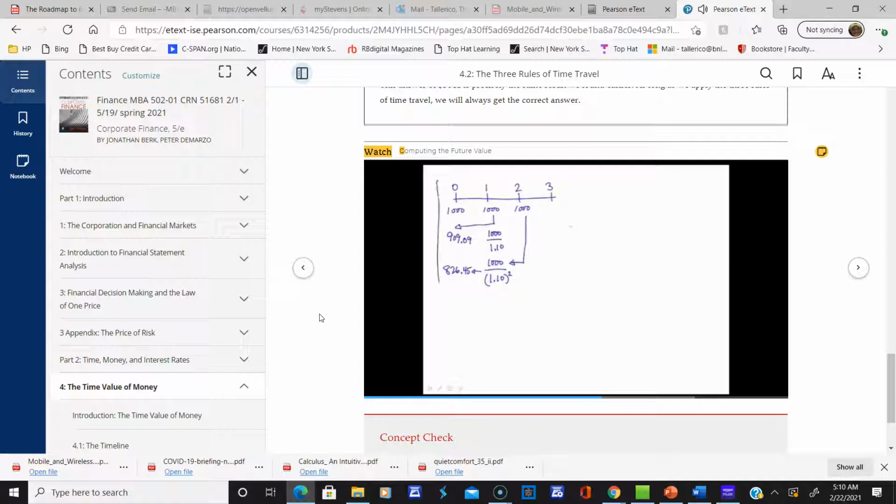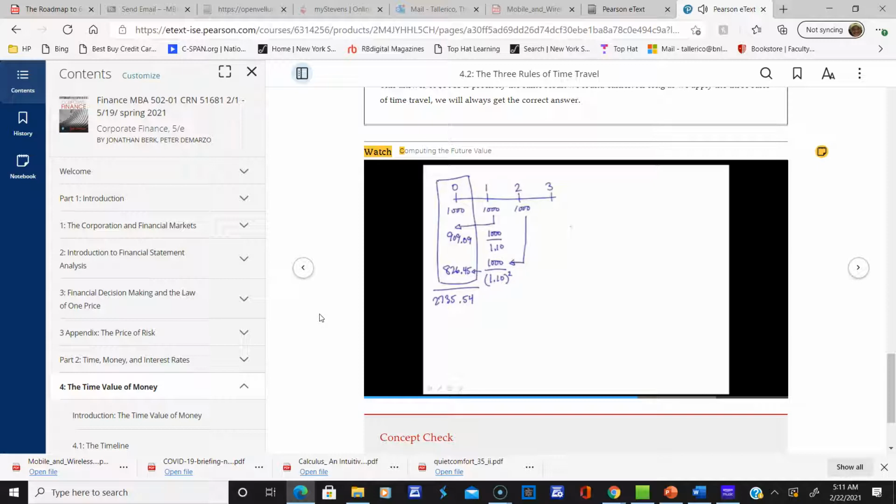Now that we have all of the cash flows lined up at the same point in time, we can actually add them together because they're all present values. If we add them all together, we get that the sum is $2,735.54. So the present value of these three cash flows is $2,735.54.